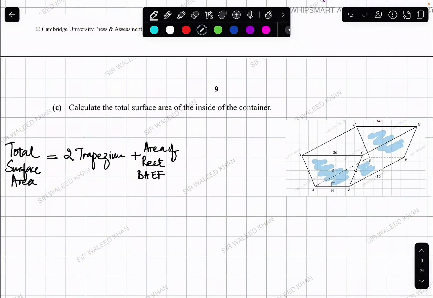This rectangle BAEF plus what else? Can you paint this over here, this rectangle? Yes. Okay, so area of rectangle, that is CBFG.